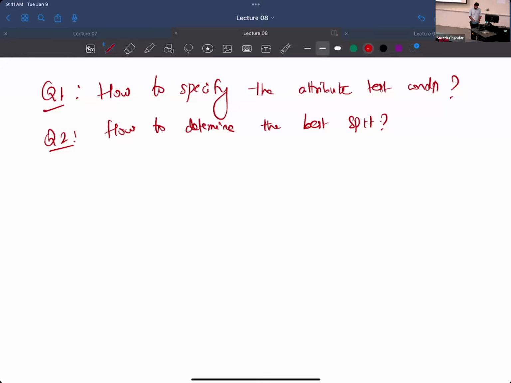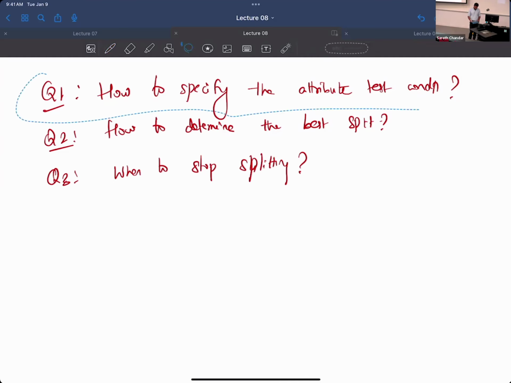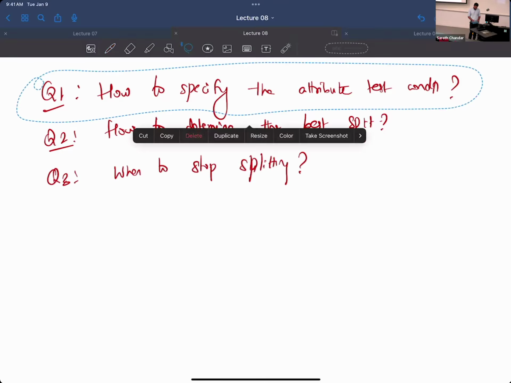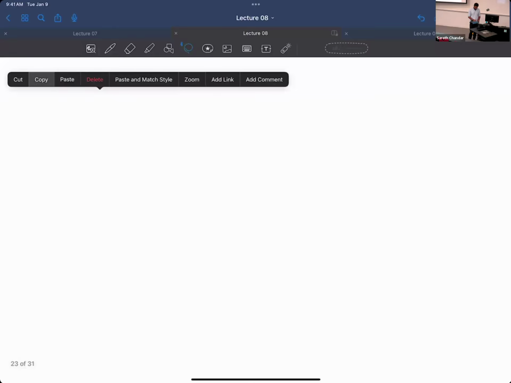The last question is when to stop splitting. Once we have answers for all these three, then we have an algorithm which can take a data set and construct a decision tree. So let's start with the first question: how to specify the attribute test condition.